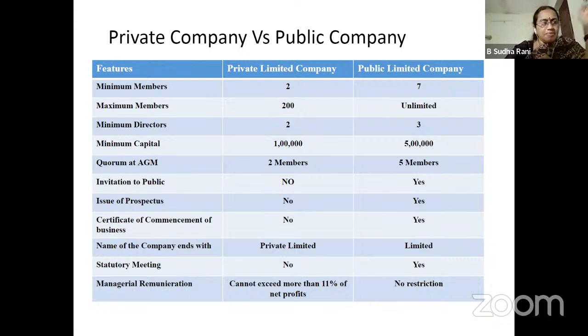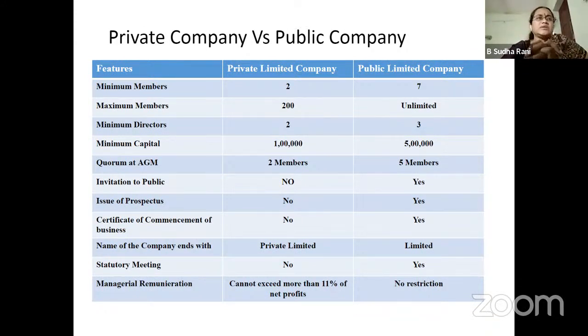If a company is a public limited company, minimum 3 directors must be there. Without those minimum 3 directors, a company cannot run. Okay, in case of a private company, minimum 2 must be there. So whatever the size of the business, if it is public, minimum 3 directors must be there. If it is private, minimum 2 directors must be there.